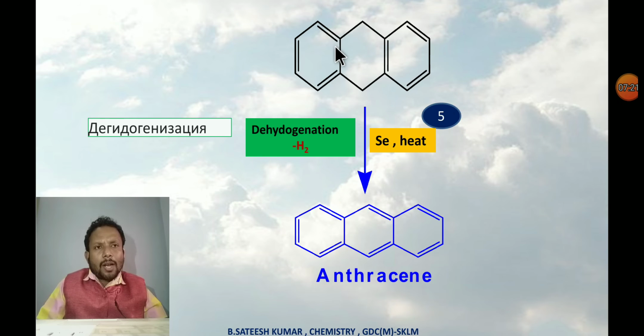Here the dihydroanthracene undergoes dehydrogenation, the removal of an H2 molecule, in the presence of selenium and heat to form anthracene. This is the conversion of benzene into anthracene. Almost 5 steps are required for this conversion.